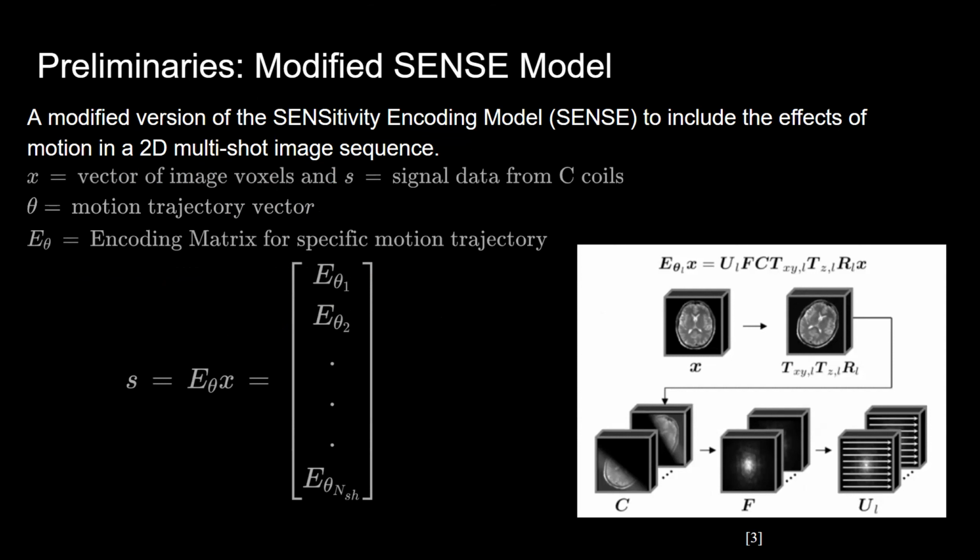T_xy, in that picture, is the in-plane translational operator, T_z is the through-plane translational operator, and lastly, R is the rotation operator. This is all so that we can track the motion. This is what we have to add to our model in order to optimize for both the motion trajectory and the image itself.